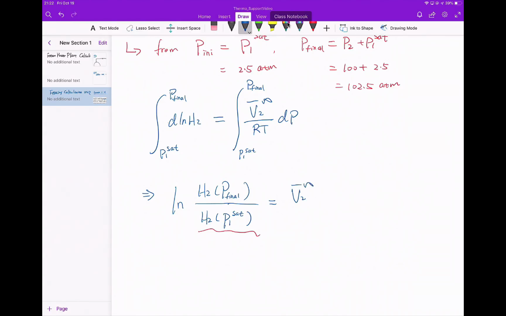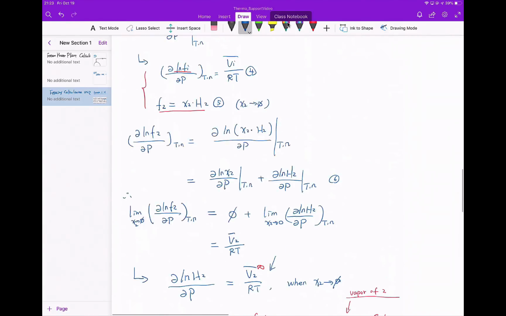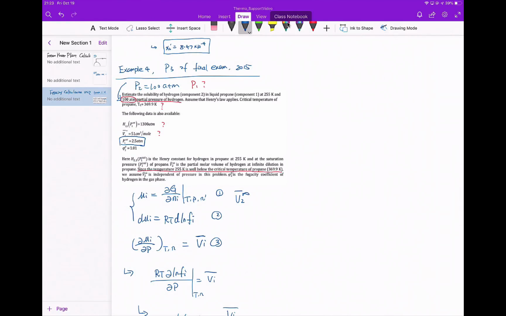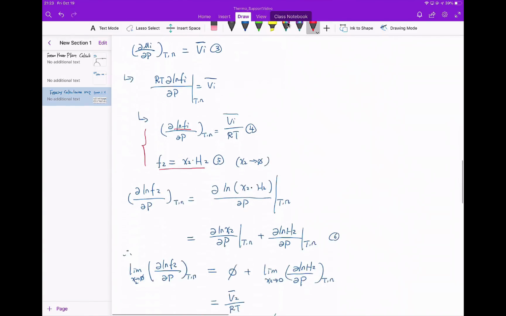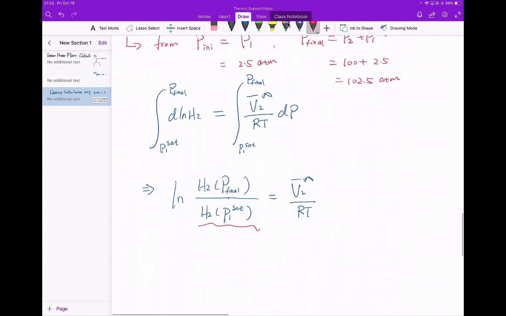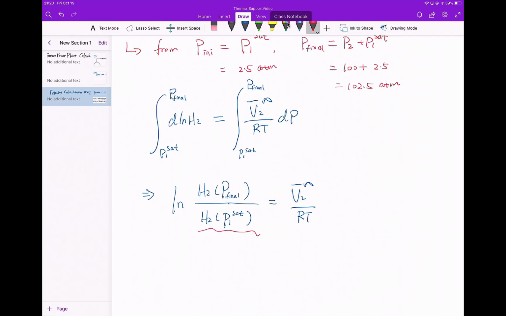V2 infinity of RT. The problem statement says this is independent of pressure, so this is a constant. This is why, if we take a look at this integration, this is basically P final minus P1 set.